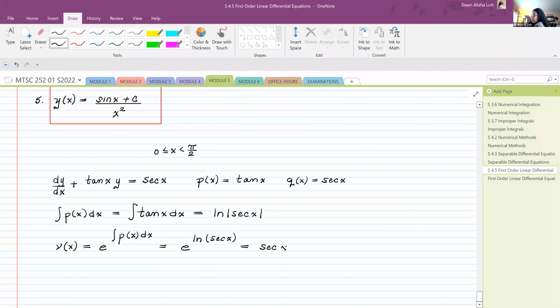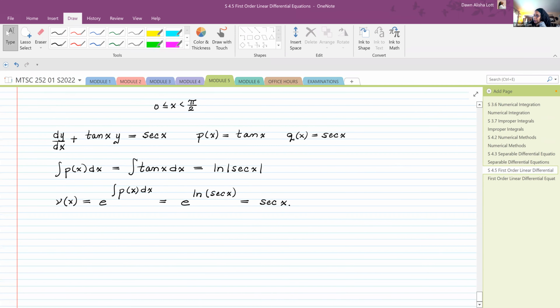How's that? So even though P of x looks difficult, if you remember that the integral of P of x is simply the log, then when you do e to the log, you get a nice function. So now you have to do the integral of Q of x, V of x dx.